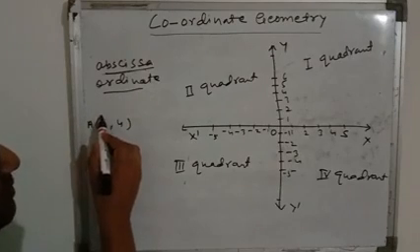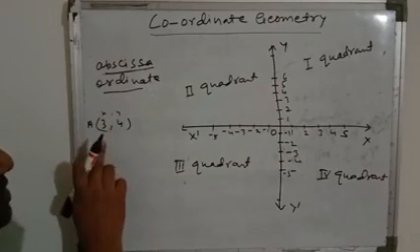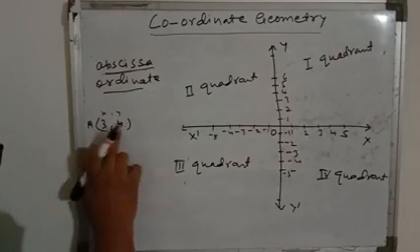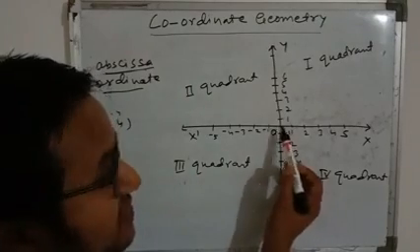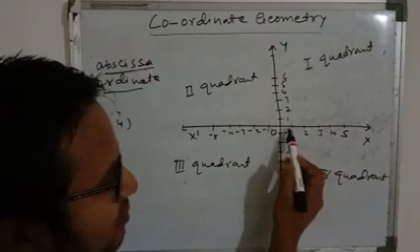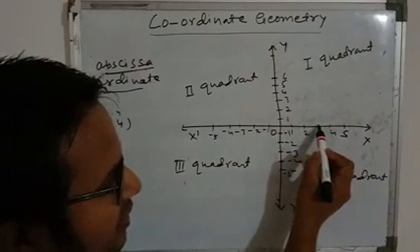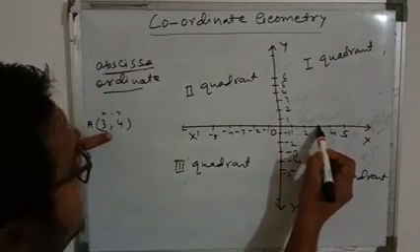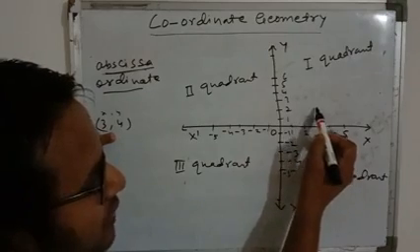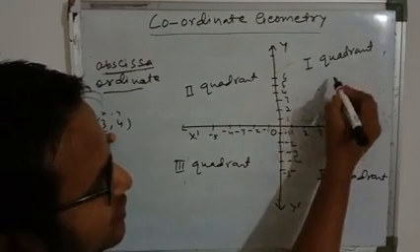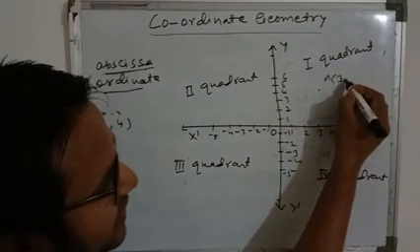This will represent x and this will represent y. Now see, 3 and 4 are both positive. So x is 3, meaning positive direction, it will go on that side, 1, 2, 3. And y is plus 4, meaning upward, 1, 2, 3, 4. So suppose this is point A, 3, 4.